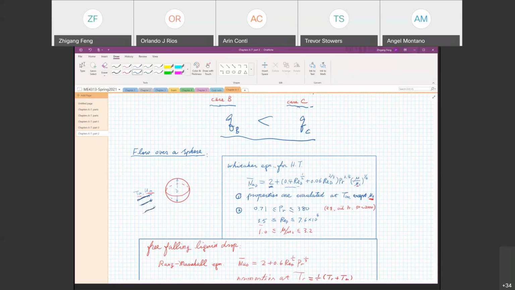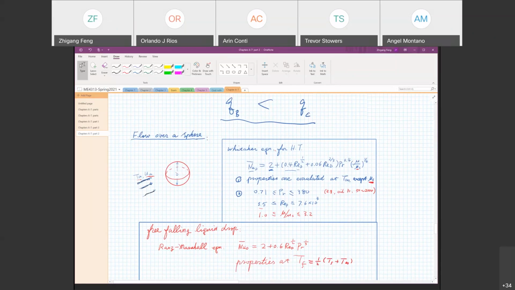Okay? And there are two correlations based on the type of sphere we are dealing with.